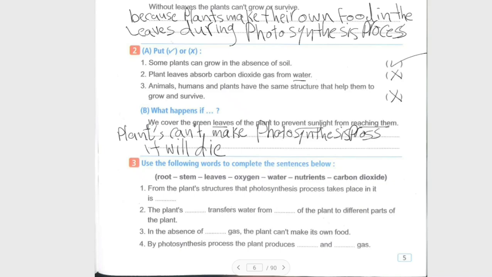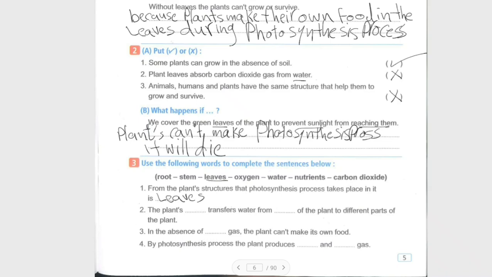Number 3. We have roots, stem, leaves, oxygen, water, nutrients, carbon dioxide gas. From the plant structure, the part that photosynthesis process takes place in is the leaves.